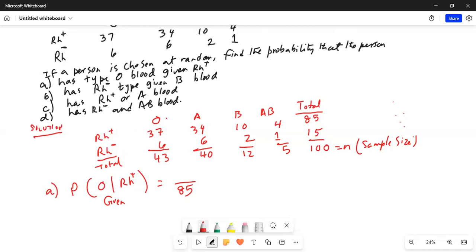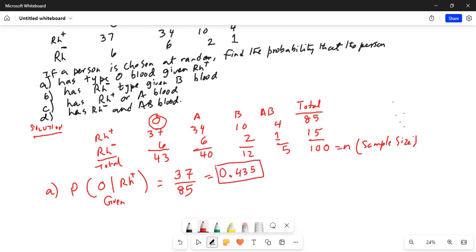Out of them, how many has O? So I'm interested in this O, which is 37. So 37 out of 85. So given Rh plus, that means Rh plus happened first. Its total is 85, out of which how many are O is 37. So 37 out of 85 in decimal is 0.435. So that's your answer for part A.